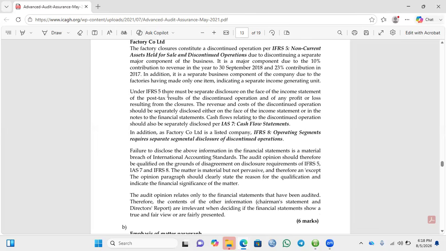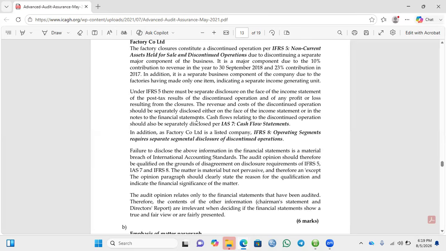Under IFRS 5, there must be separate disclosure on the face of the income statement of the post-tax result, and the revenue and costs. Also, failure to disclose the above information in the financial statement is a material breach of international standards.